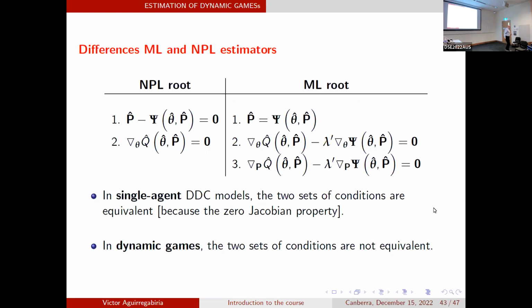The second comment is that, before, in the single agent model, the moment conditions that characterized the NPL estimator were exactly the same as the moment conditions that characterized the maximum likelihood estimator. Now, that's not the case.